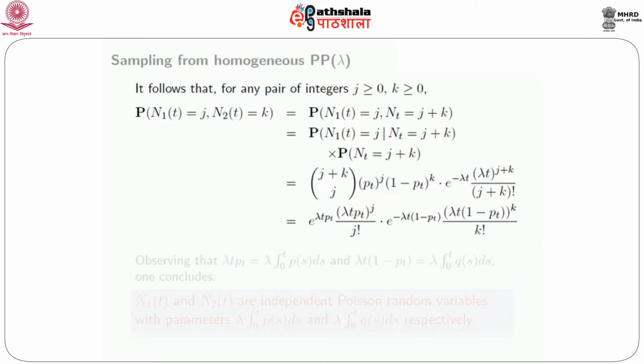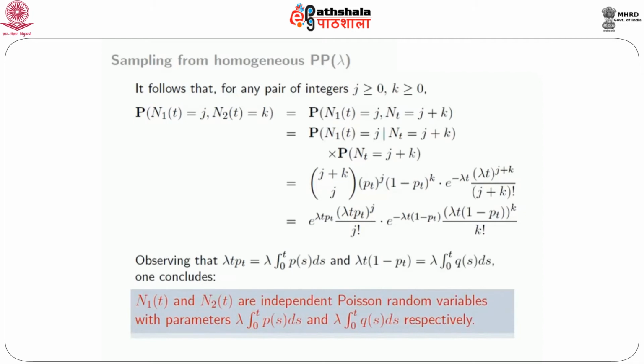And the second factor, the probability that Nt equals j plus k, because Nt is a homogeneous Poisson process, is e to the minus lambda t, times lambda t to the power j plus k, over j plus k factorial. Now a little bit of algebra, and this joint probability is equal to the product of these two quantities. So this is the joint probability of N1t being equal to j and N2t being equal to k, but it is written as a product of two factors, one involving j, the other involving k.